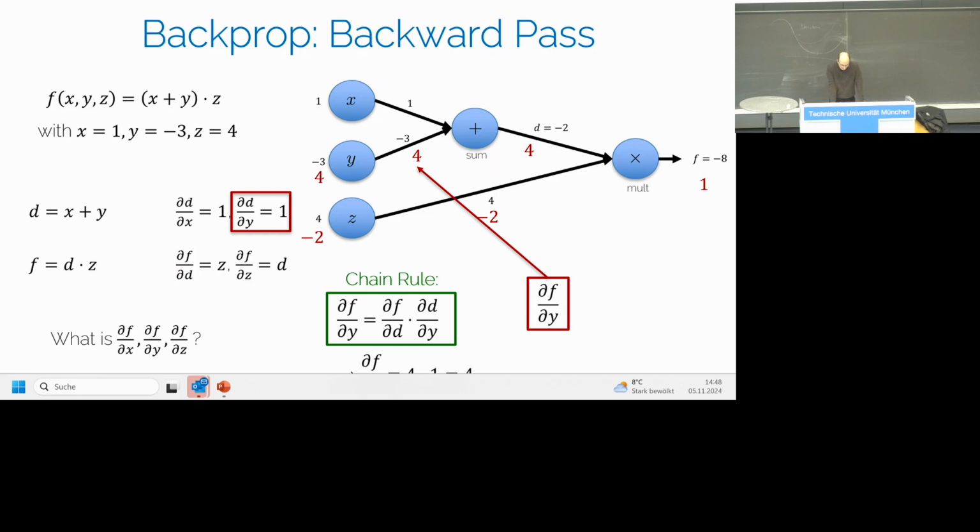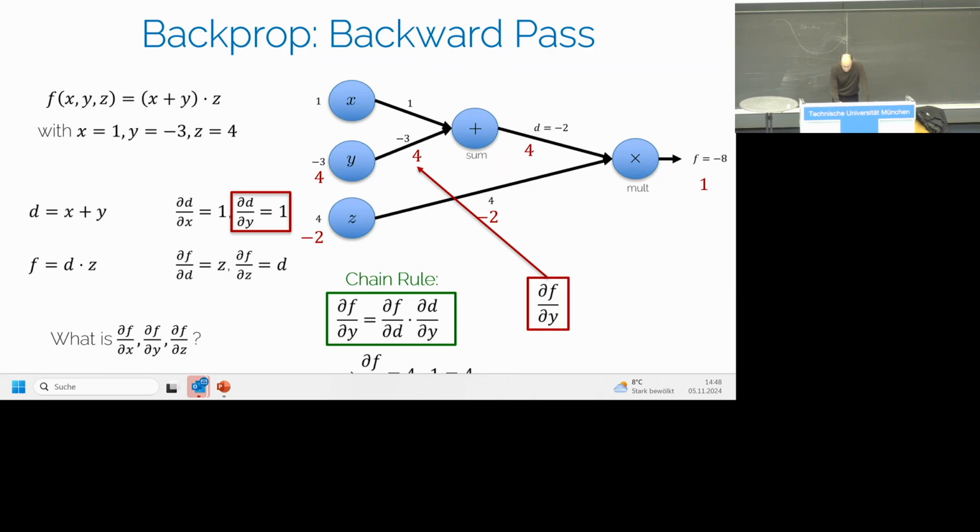And then we have df by dy. We take the 4 that we have here and multiply with dd by dy, right? So here you see the chain rule. df by dy is df by dd times dd by dy.